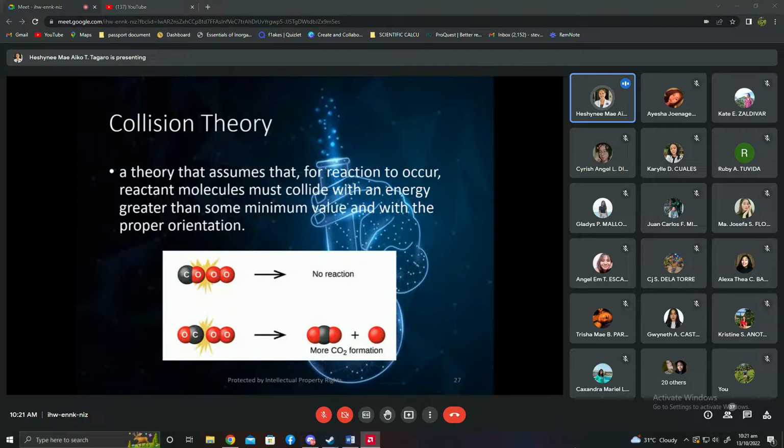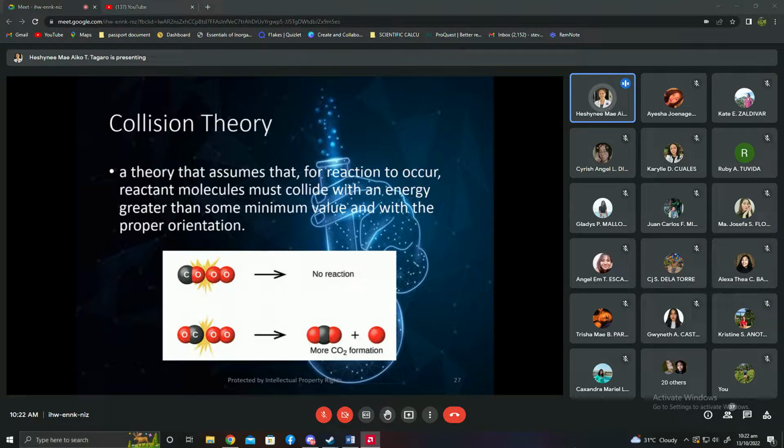So what is collision theory? We should not be surprised that atoms, molecules, or ions must collide before they can react with each other. Okay.